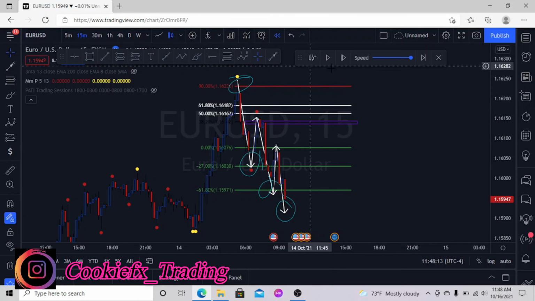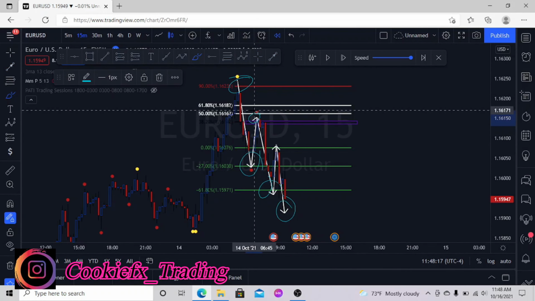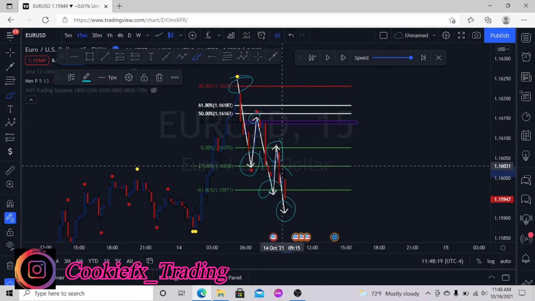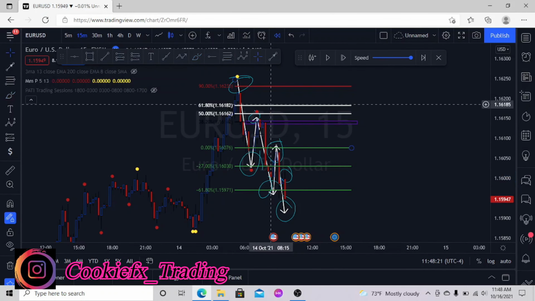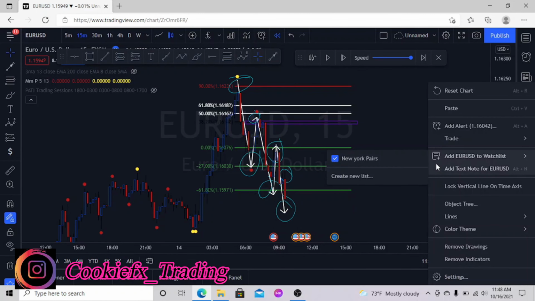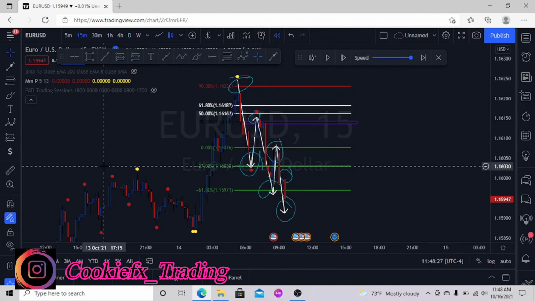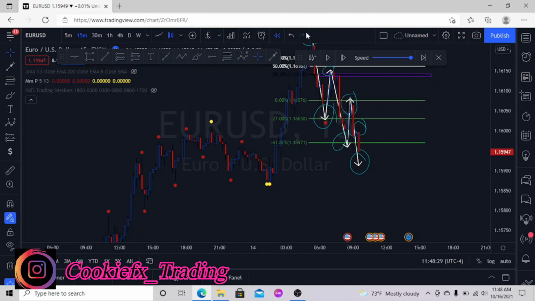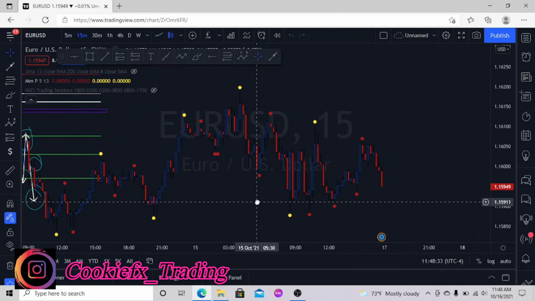So here you can see these highs now are being broken. So what are we on? We're on a downtrend. 0, 1, 2, 3, 4, 5. We're on a downtrend. That's how you can use the fib points to properly backtest.